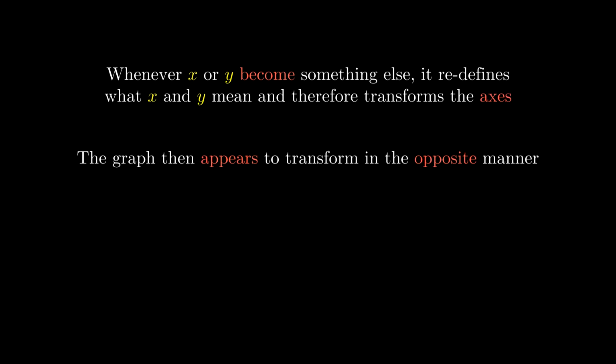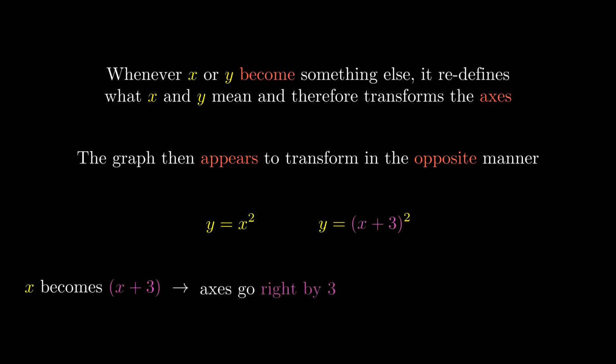So for example, if y equals x squared becomes y equals (x plus 3) squared, then x has become x plus 3, so the axes have gone right by 3, so the curve would appear to have moved left by 3.